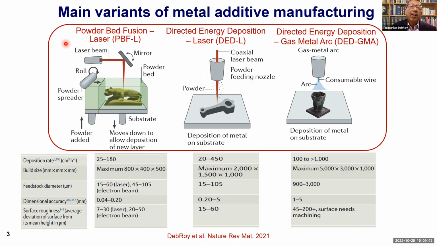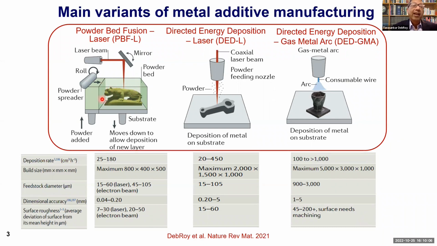And after one layer of powder is laid on the bed, we pass a laser beam, traverse it based on a computer program, and melt and deposit a layer of metal. And we keep repeating this thousands of times until a 3D component is made.